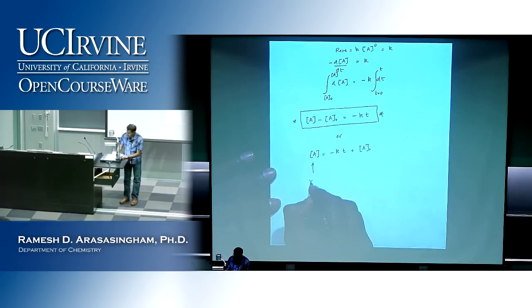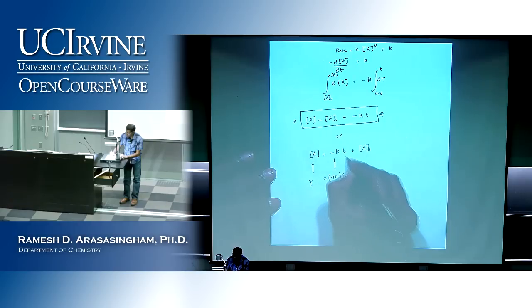This would be the y-axis. Now, can everybody see this is m, but this is a negative slope. So I'm going to put the negative sign in front of this to remind me that it has a negative slope, okay? And this is y equals mx plus c. So this would be kt, like that.